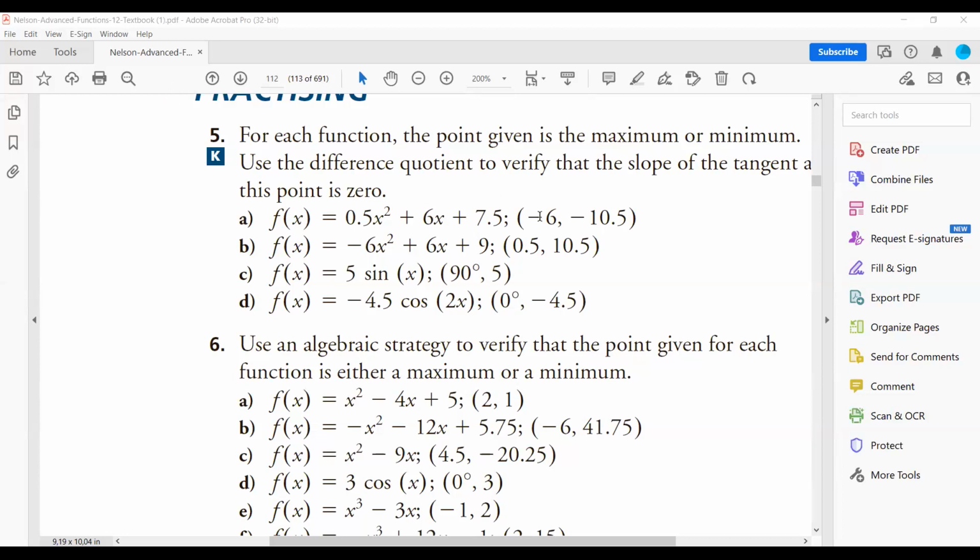Okay, guys. I'm going to solve one example with you together.